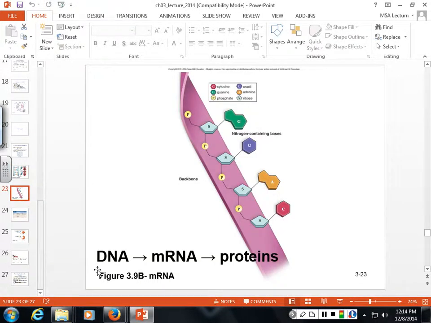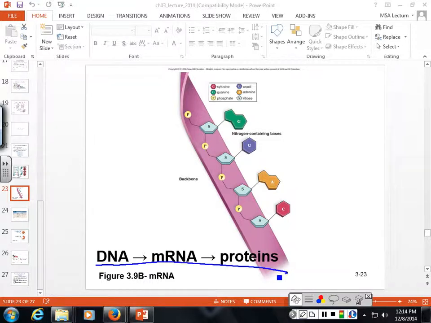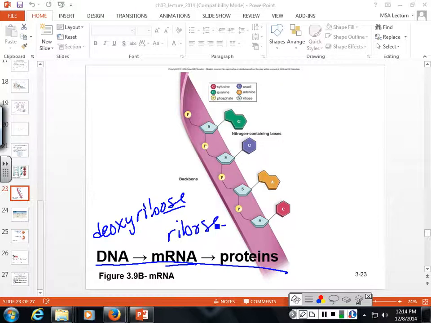So this is what I just talked about, and we will talk more about this as we move through this class. But basically DNA has deoxyribose, that's the sugar, right? And then RNA has ribose as a sugar.